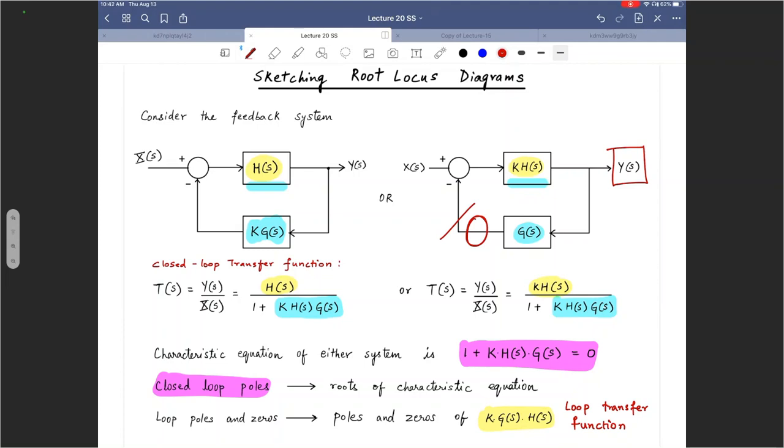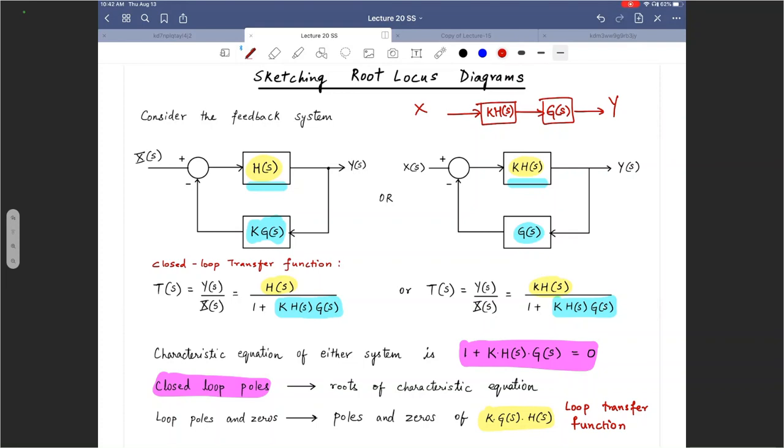For this lecture, we will be looking at taking the output over here and not here, which means our loop transfer function and open loop transfer function will be, think of it like this: x going into k h of s, going into g of s, and this is your output. So that is going to be our loop transfer function or the open loop transfer function.